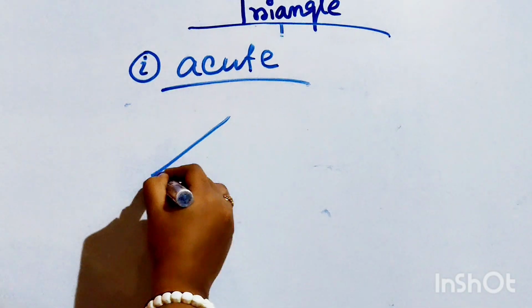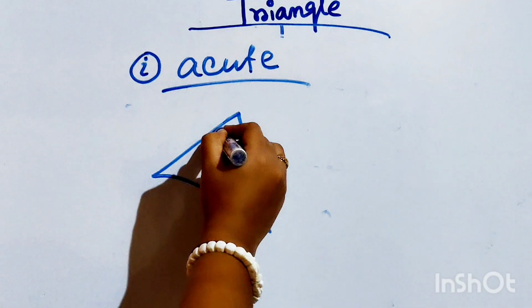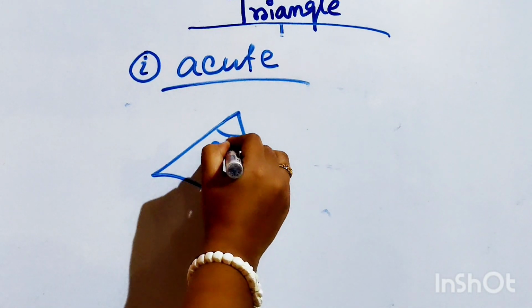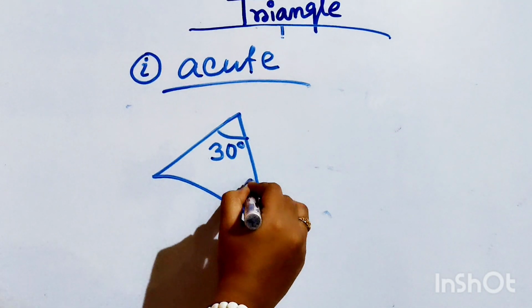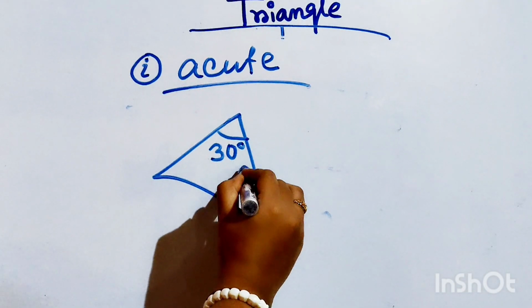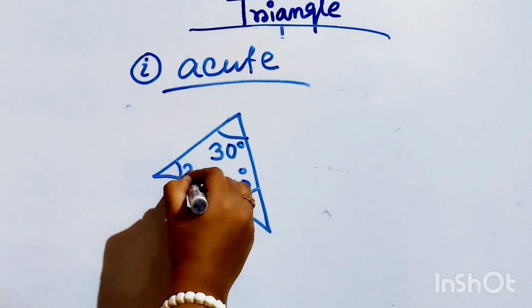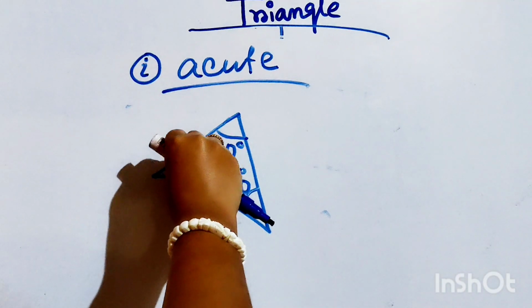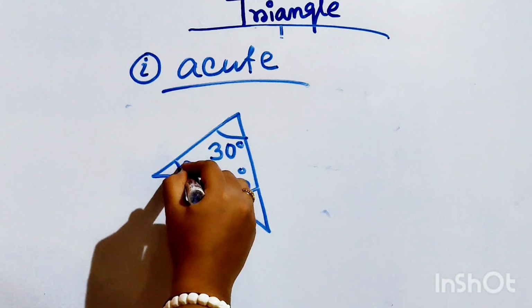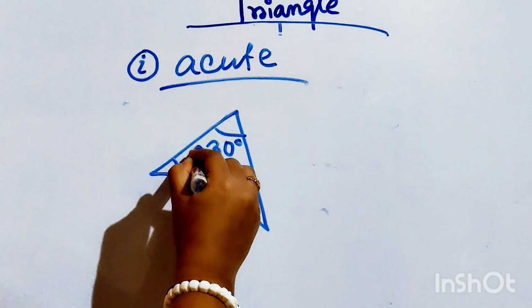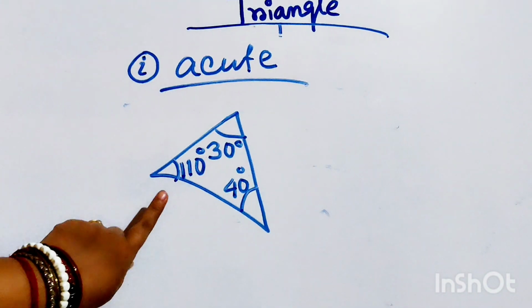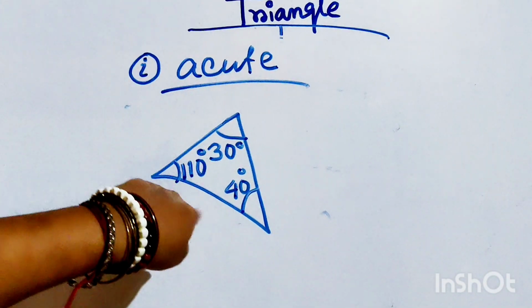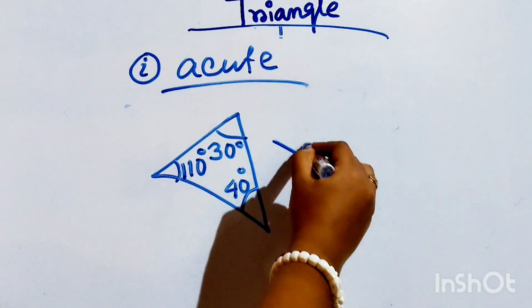I am giving one example. Now comment down whether it will be an acute angle triangle or not. Suppose this is a triangle where the first angle is 30 degrees, the second angle is 40 degrees, and the third angle is 110 degrees. Can you tell me, will it be an acute angle triangle?